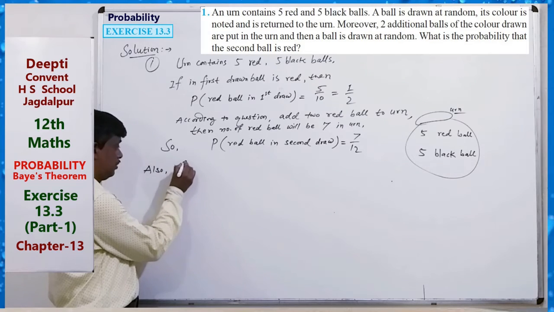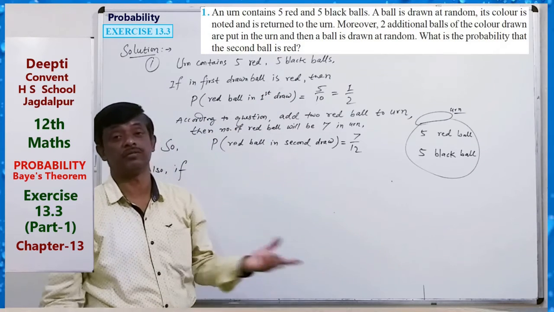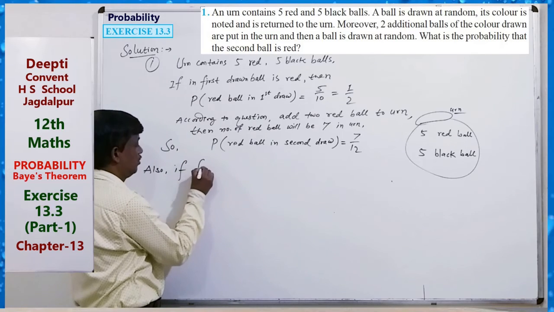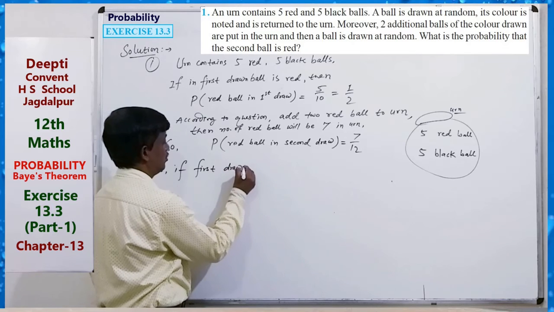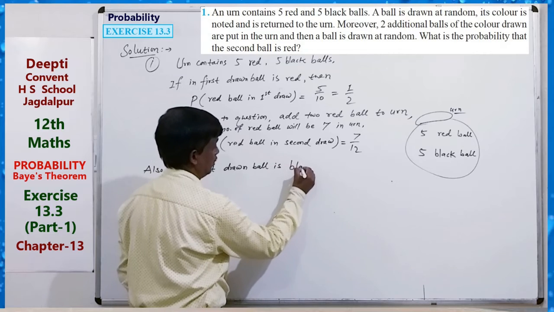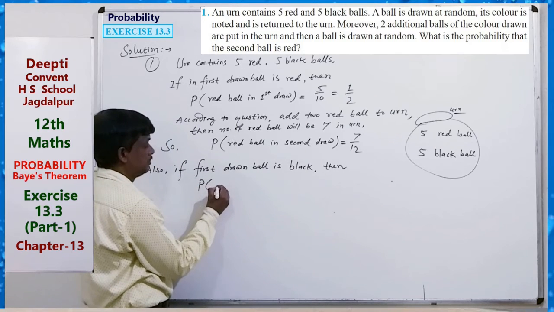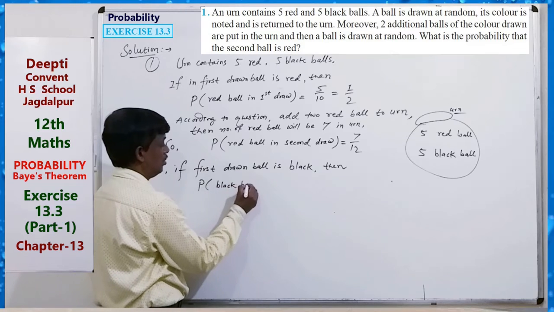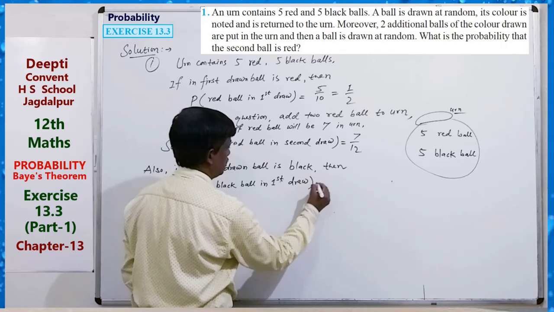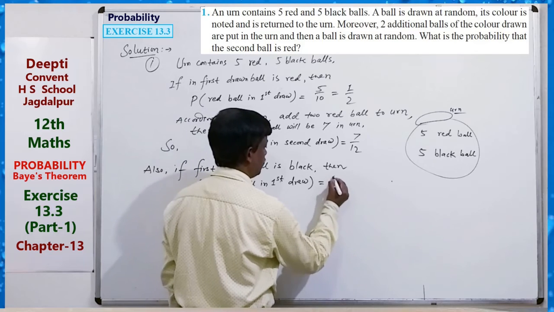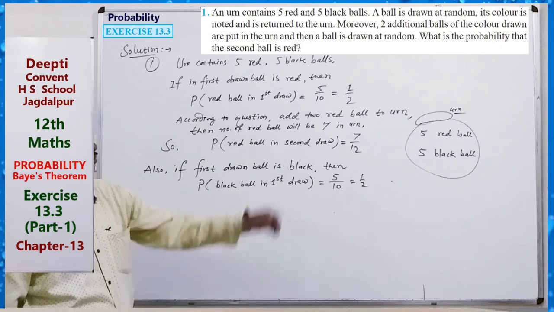Also, by the same process, if the first drawn ball is black, what will be the probability of a red ball in the second draw? If the first drawn ball is black, then the probability of a black ball in the first draw is 5 by 10, equal to 1 by 2, because there are 5 black balls.